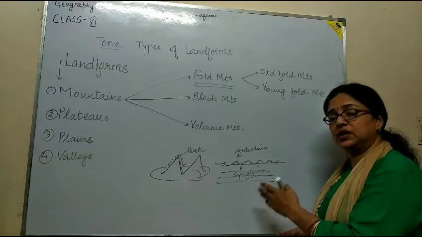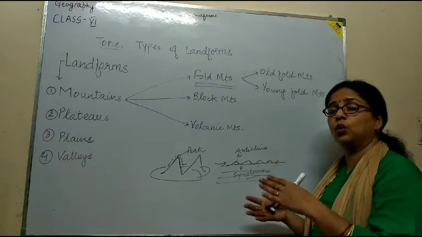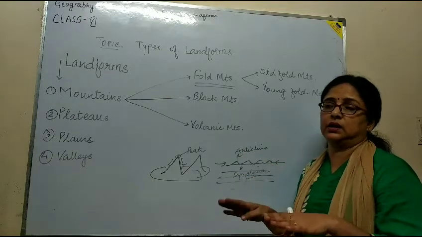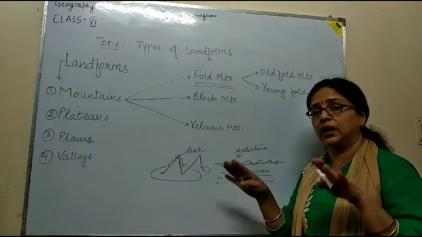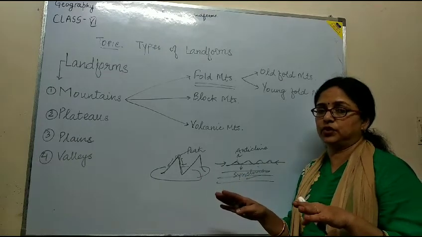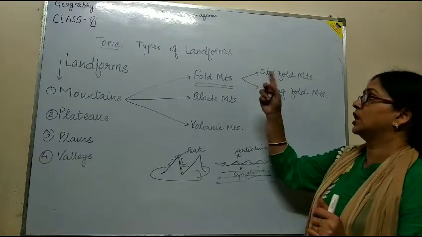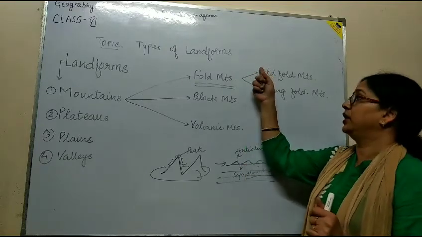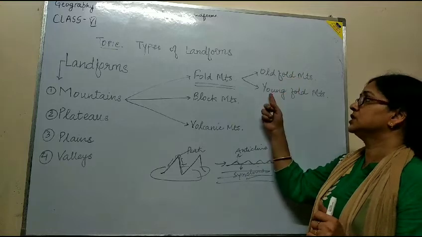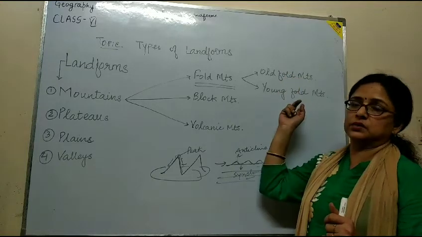I already explained this with the help of an example of a towel. Now, fold mountains are again divided into old fold mountains and young fold mountains.